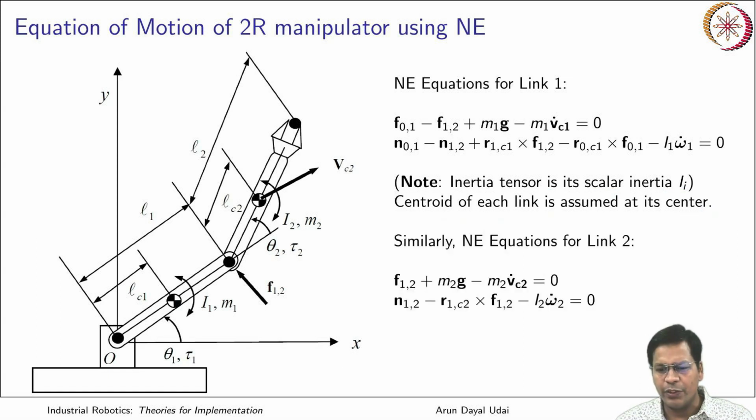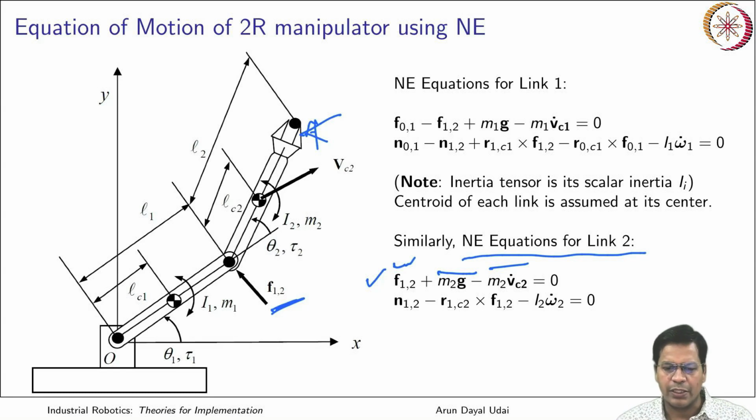Similarly, the Newton-Euler equation for link 2: F12 is the force which acts over here, and there is no external force acting from here, so you don't see another force. You do have the gravitational force, m2g, and this is the inertial force, mass into acceleration.